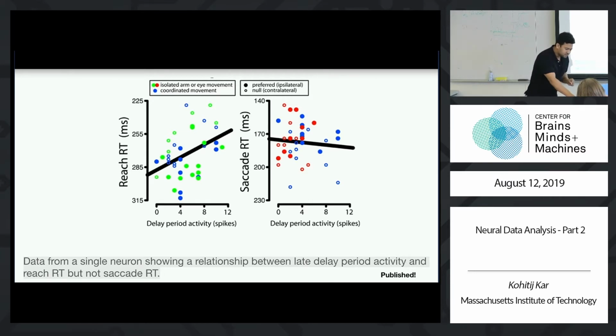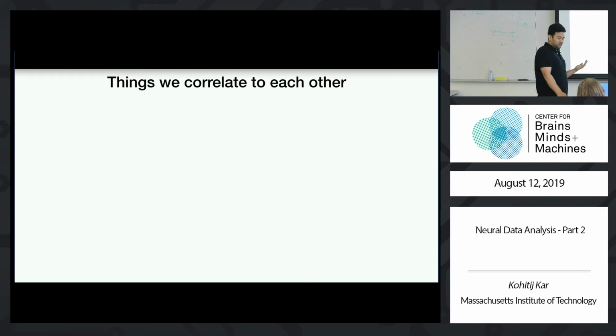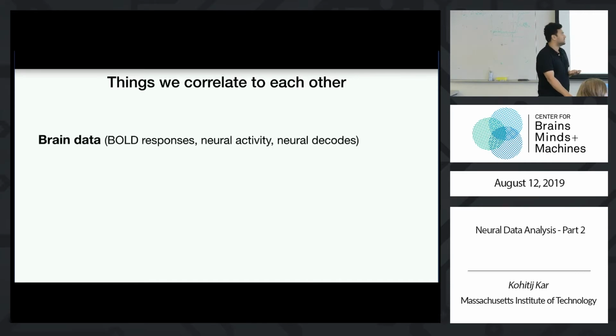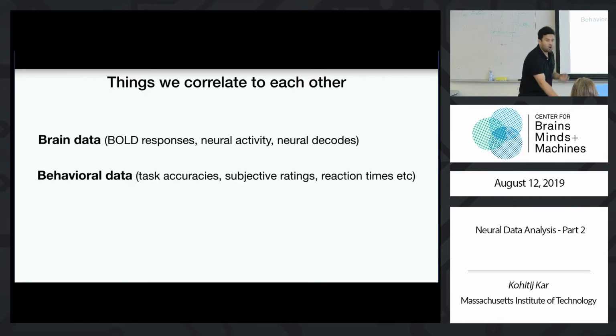Things that we correlate to each other typically in neural data analysis are brain data, like BOLD responses, neural activity, neural decodes. All of them are noisy because they depend on measurement noise and noise that is inherent in the brain. Behavioral data, like task accuracy, subjective ratings, reaction times, are also noisy.